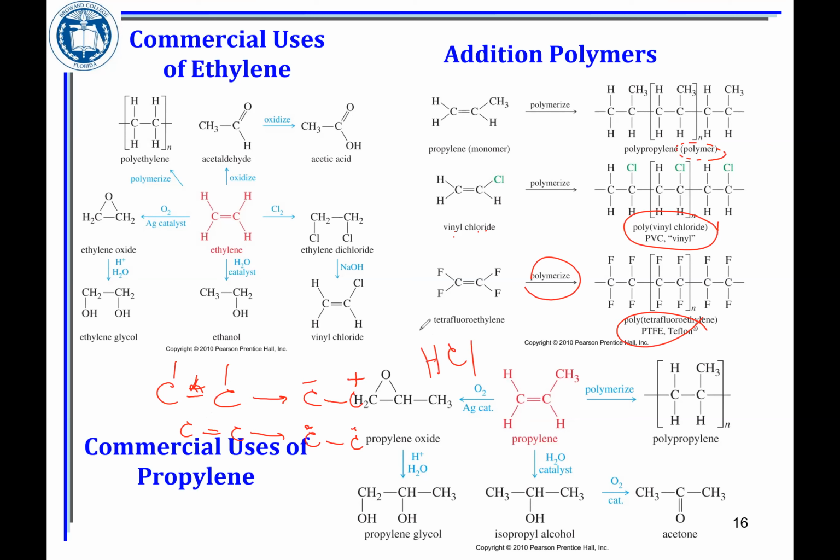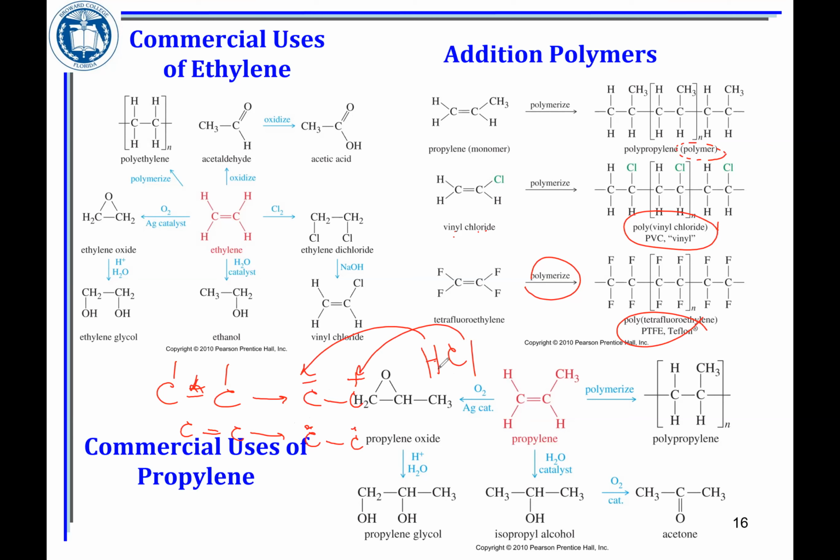If you add HCl, you add H to one and you add Cl to the other one, and from alkene you go to alkyl halide. So a lot of different possible reactions. So there are a lot of uses. You learn about the actual reactions in the next chapter, chapter 8. But in this chapter, just have an idea what you can do with this.